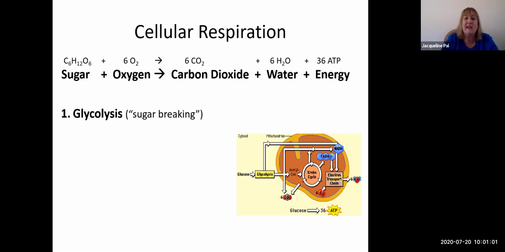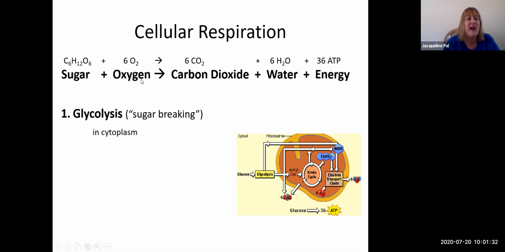We are taking a 6-carbon glucose molecule and breaking it down into 2 3-carbon molecules, okay? That's going to require a little bit of energy to break it down, but we are going to produce a little bit of energy in this whole process. This process occurs in the cytoplasm, and we make 2 ATP. Well, we actually make 4, but it takes 2 to do the breaking, so we have a net of 2 ATP.